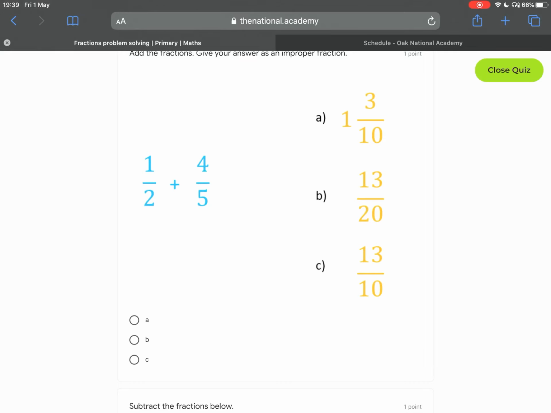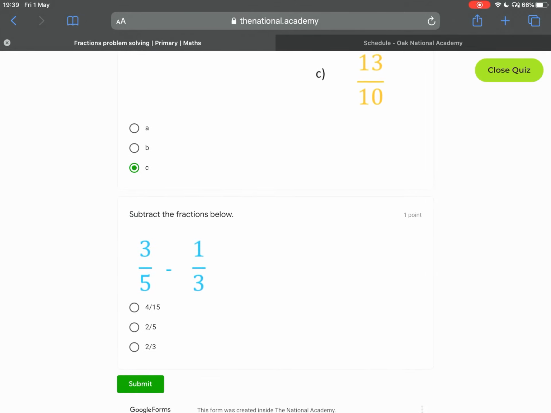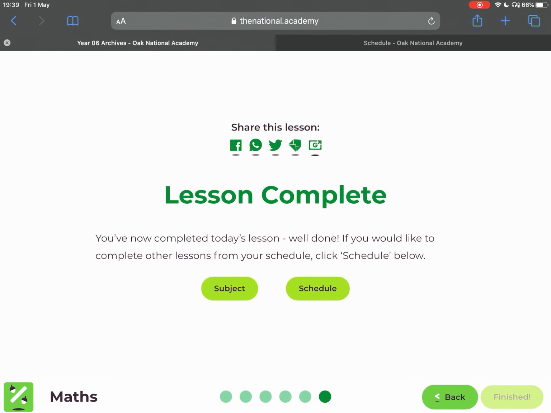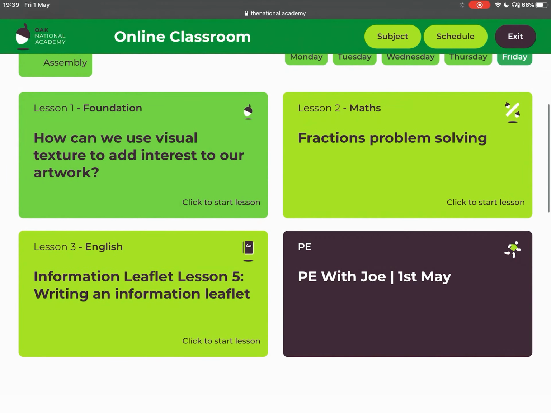That would be C. The answer would be C. Subtract the fractions below. That would result in 4/15. Yes, 4/15.